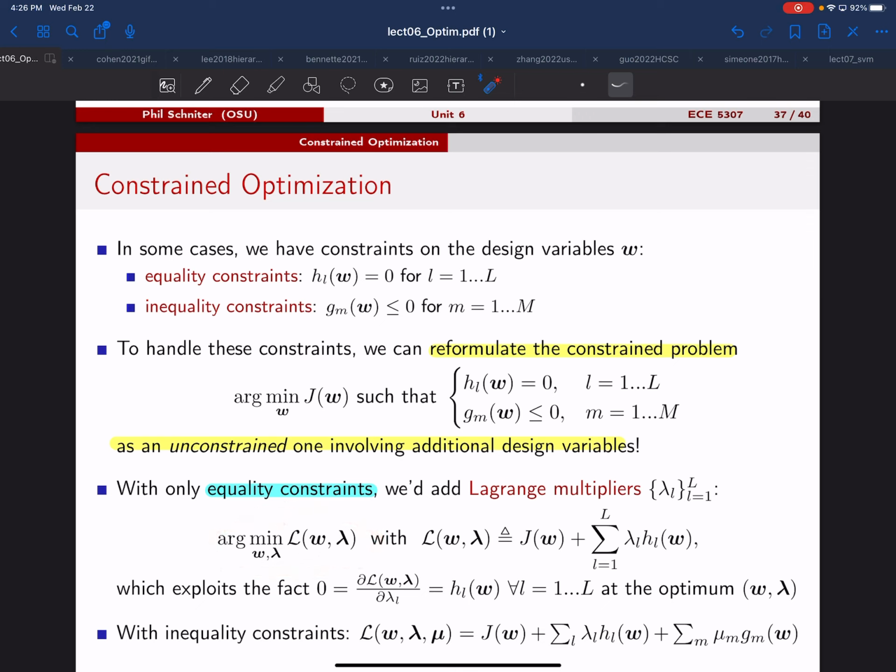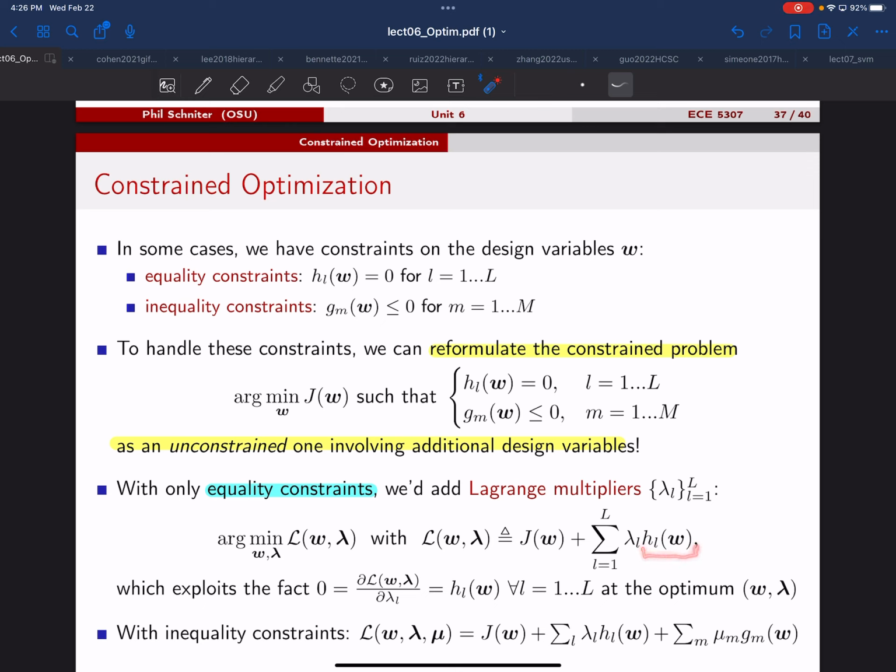And let me try to explain now why this works. As we know, if you indeed find the minimizer over both w and lambda, then you know that the partial derivatives with respect to each of those individual lambdas, evaluated at the optimal solutions for those vectors, are zero. Let's see what happens. Take the partial derivative of this with respect to lambda L. What do you get? It's just HL, right?